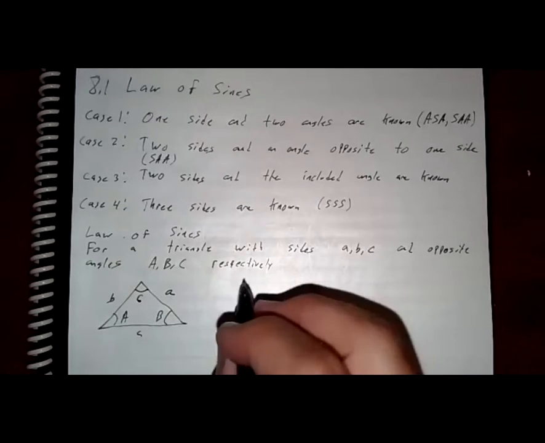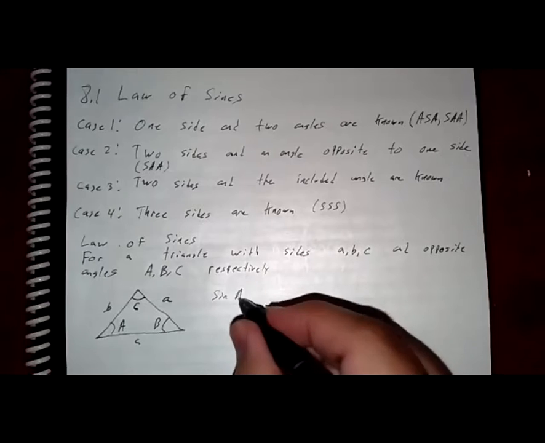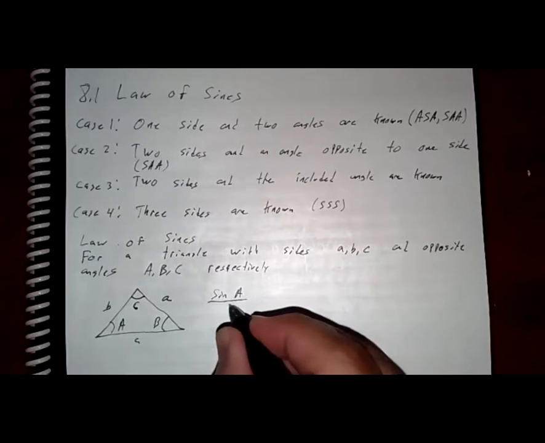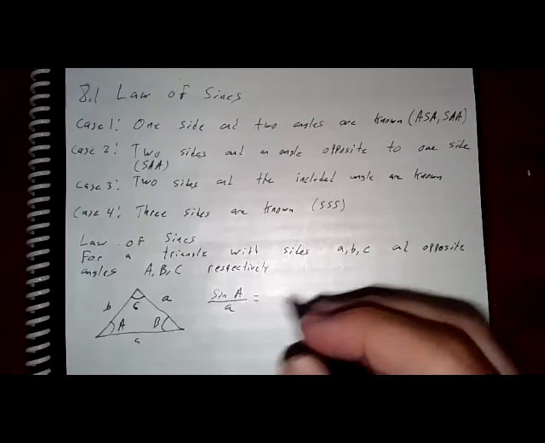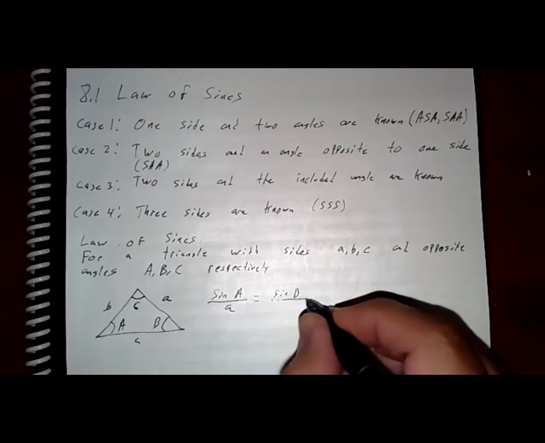So here are the formulas that you need to use. You can use them either way. You can equate any of these three ratios to one another; it doesn't matter. They are all equal to one another.